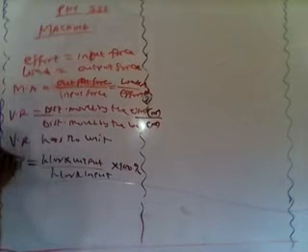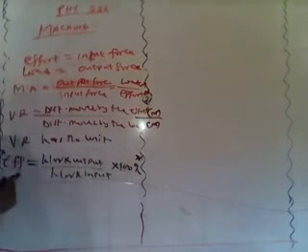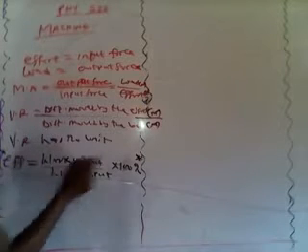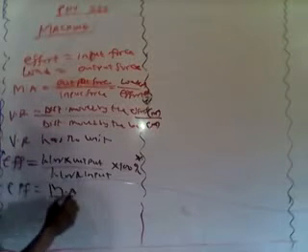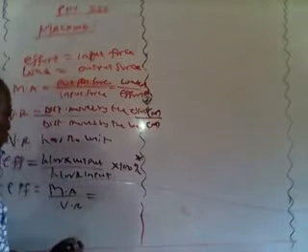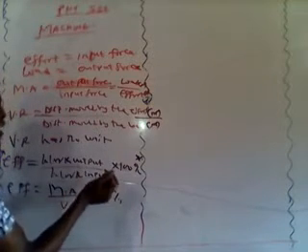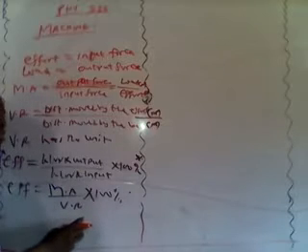This is one of your assignments which you need to forward the solution. From the definition of the efficiency, which is the ratio of the work output to the work input times 100%, we can also conclude that the efficiency in terms of velocity ratio and the mechanical advantage is MA over VR times 100%.